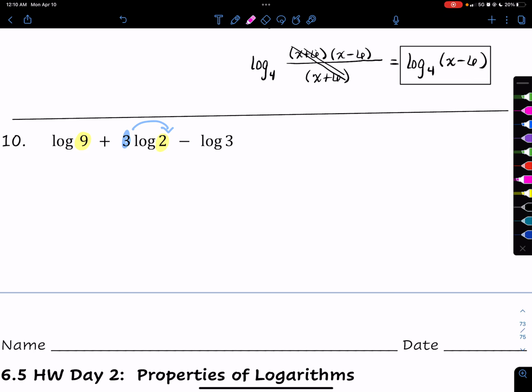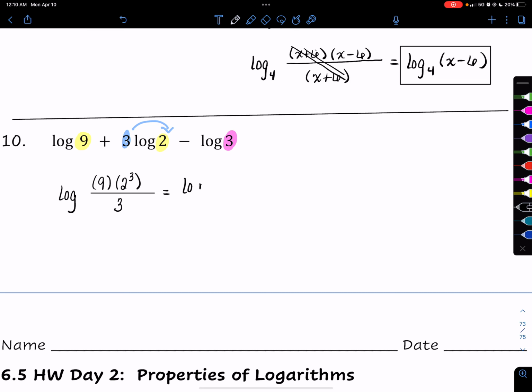And negative log 3, that'll be negative. So I know I'm going to have a fraction. So I will have log base 10 of 9 times 2 to the third power over 3.